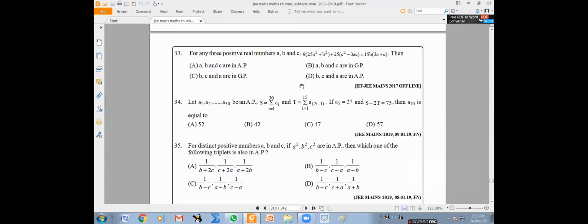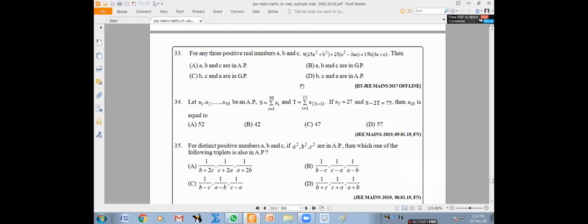Okay, I'm erasing this. S is equal to A1 plus A2 plus A3 so on up to A30.